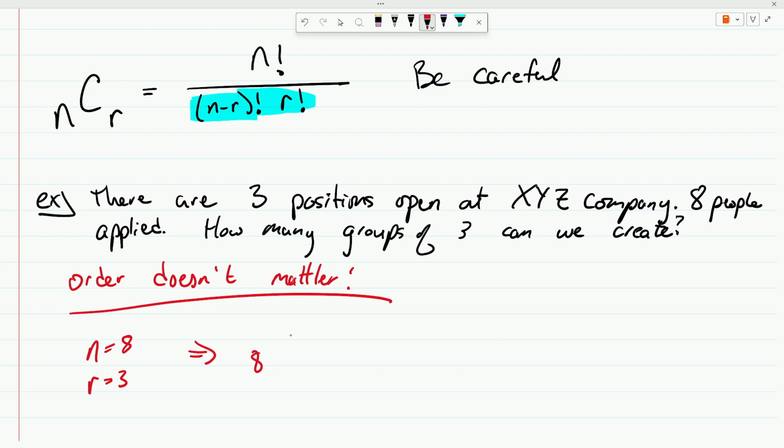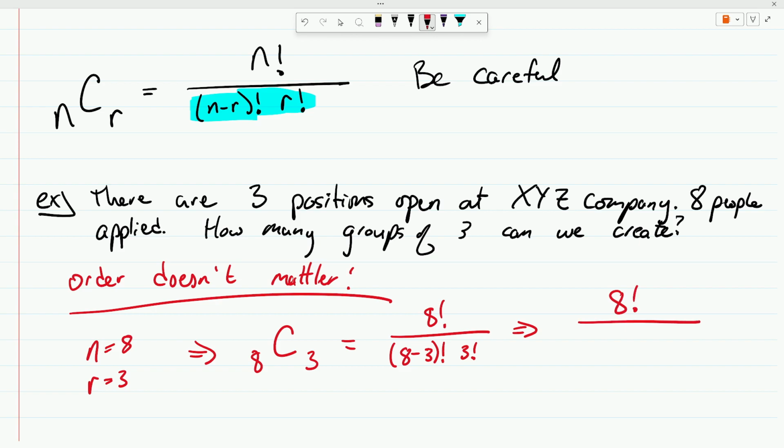So we get 8 combination 3, which is equal to 8 factorial over 8 minus 3 factorial times 3 factorial. Now, let's simplify this a little bit. 8 factorial over, 8 minus 3 is 5. So you have 8 factorial in the numerator divided by 5 factorial times 3 factorial.